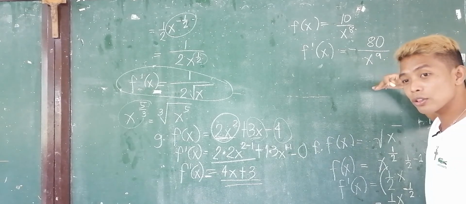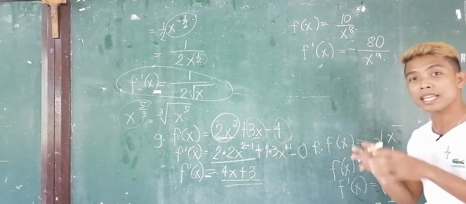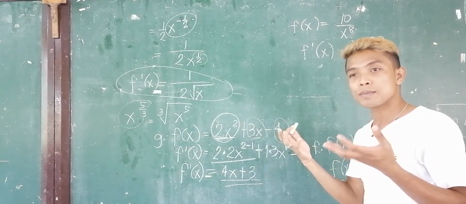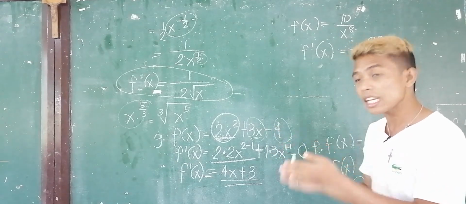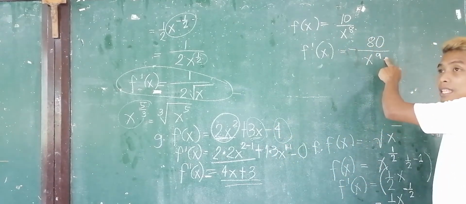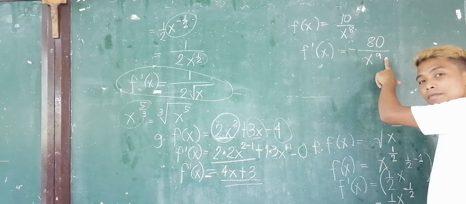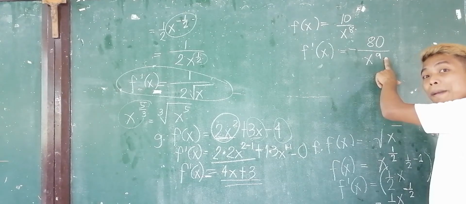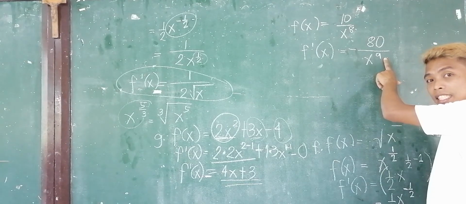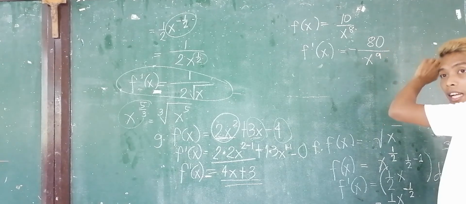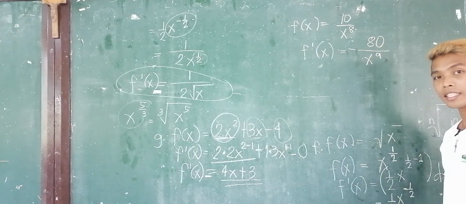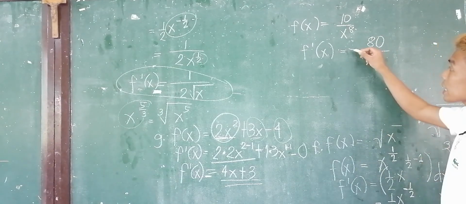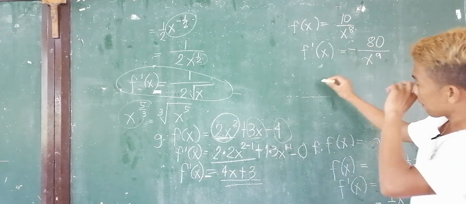Kasi kapag nasa denominator, dun sa mga process natin, di ba, magiging parehong minus. Pag pareho yan na negative, i-add natin. Kaya, pag nasa denominator, nagpa-plus tayo. Okay? Nagpa-plus 1. So, 8 plus 1, di 9. Yan na. Tapos negative palagi ang answer.